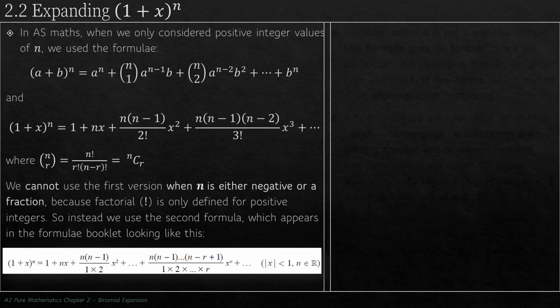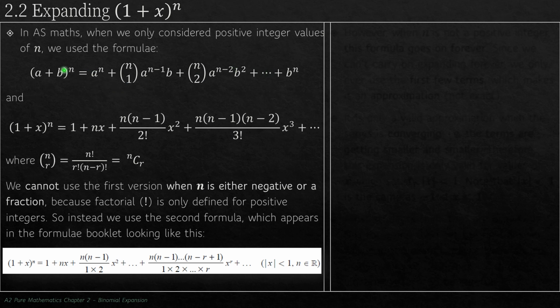So looking at the formulas that we have dealt with before, when we have a negative value of n, when we're looking at this formula here, we cannot use it, because this n choose 1 relates to having a factorial, and I cannot work out the factorial of a negative number or a fractional number. Therefore this formula is void.